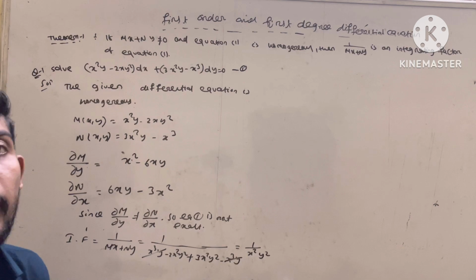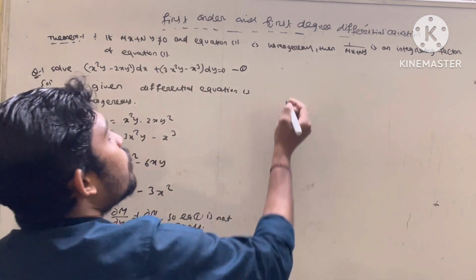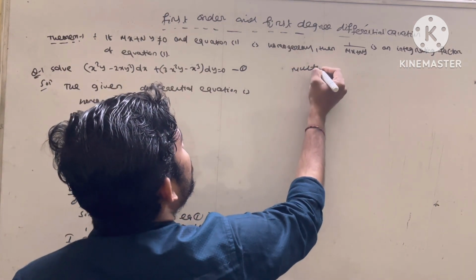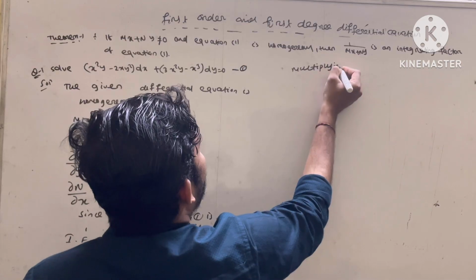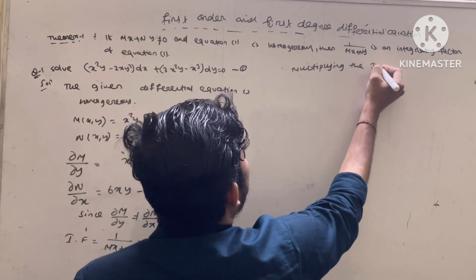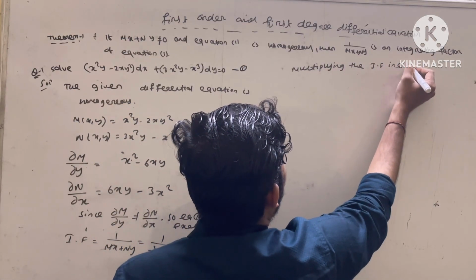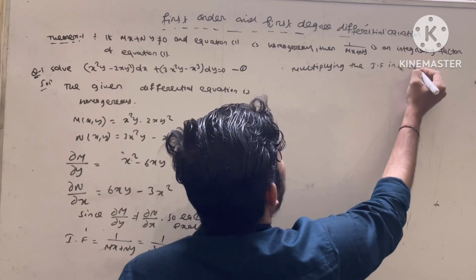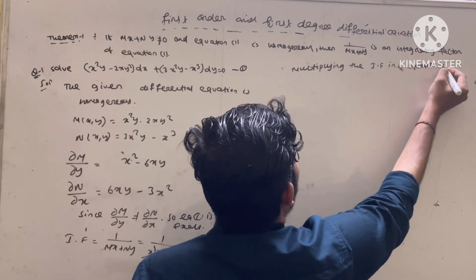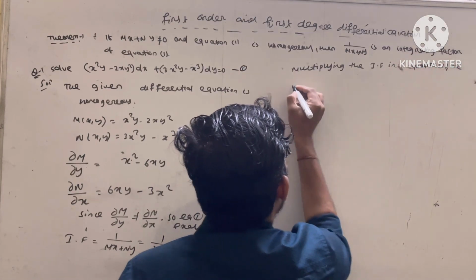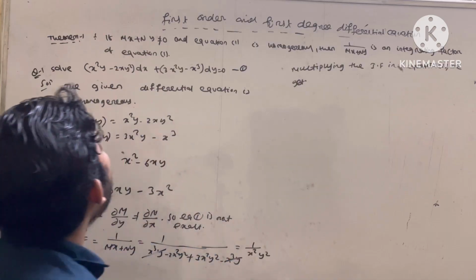Now multiply the integrating factor in equation 1. So multiplying the integrating factor in equation 1, what do we get?